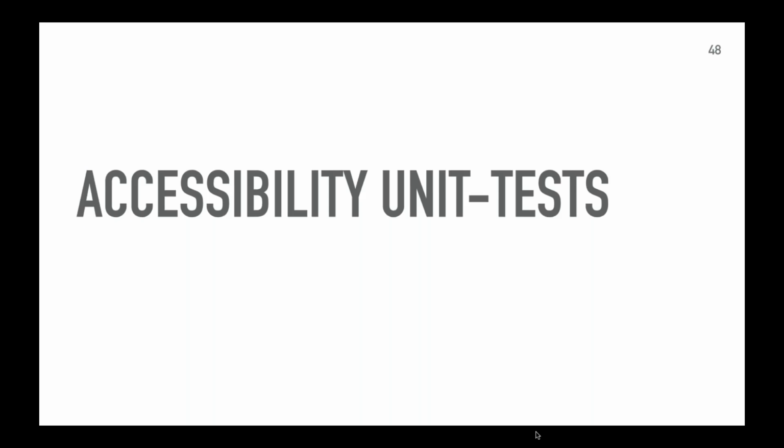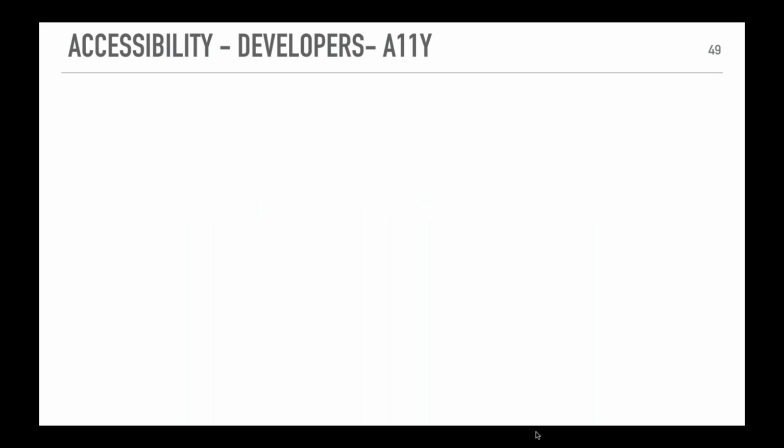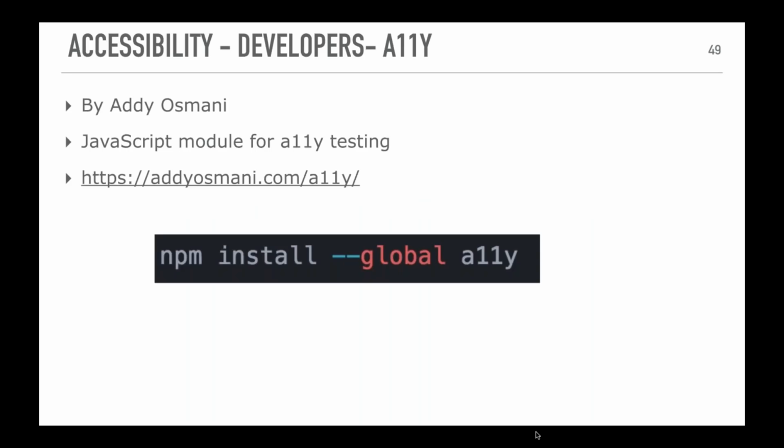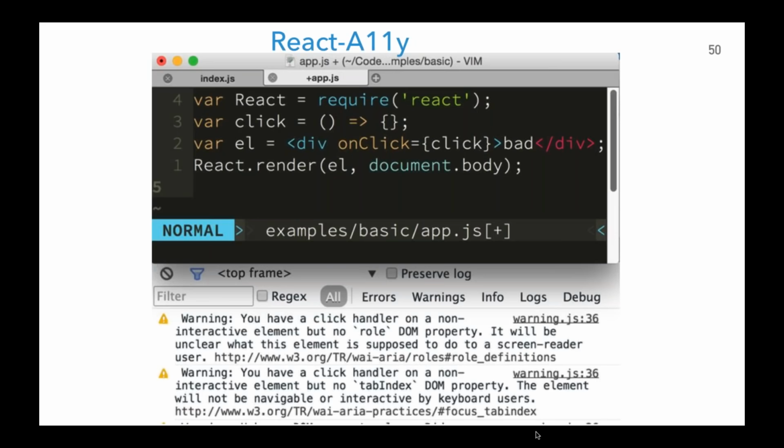At unit testing level, which is where developers would start bringing in the application parts, they can use a11y, which is nothing but npm install --global a11y. You can do that on your terminal, and you can install this plugin, and it's pretty straightforward to use.